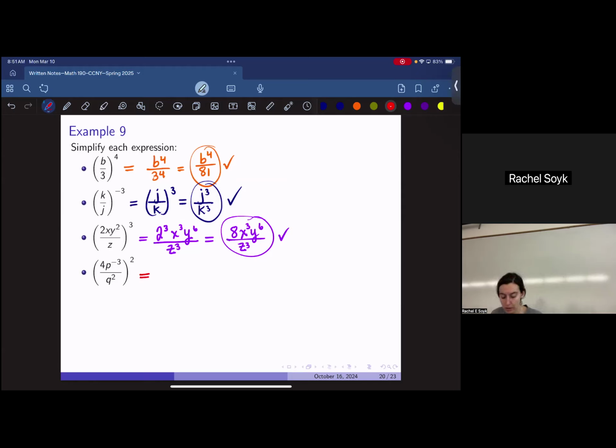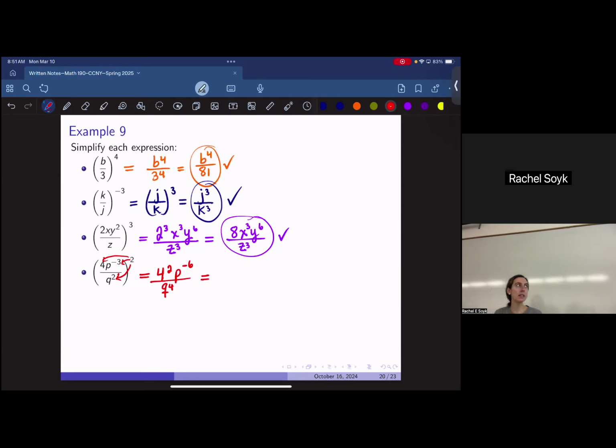Same process with this last example, distribute that 2 to each term in your numerator. 4 to the positive 2, p to the negative 6, and then each term in the denominator as well. Q, 2 times 2 gives you 4.